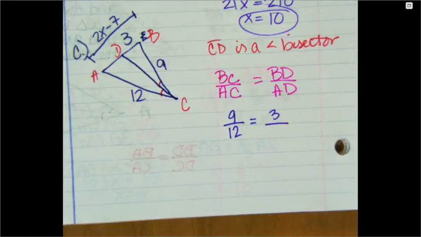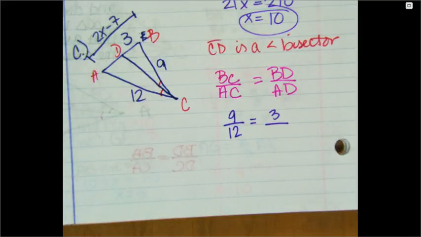Not equal to 3. I know this is 12, I know this is 3. What is this piece? I know this is 12, 9. I know this is 3. So how did you do that? You subtracted.